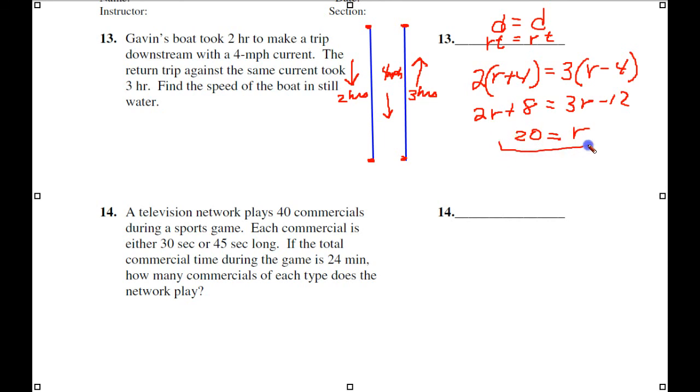So there's our answer. The rate of the boat in still water is 20. So 20 plus 4 is 24. That's 2 times 24, 48. This is going to be 20 minus 4 is 16.